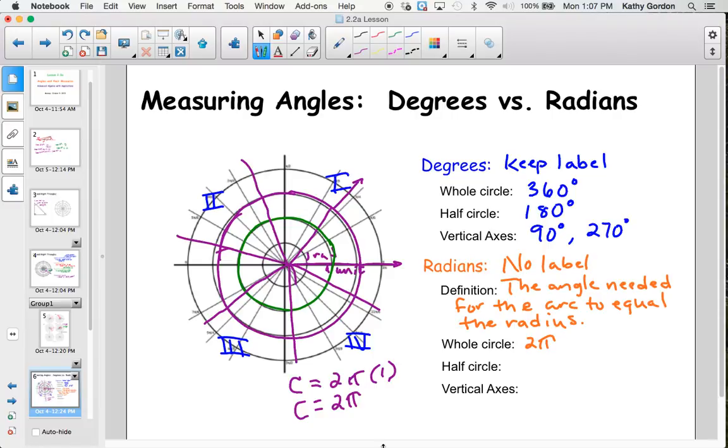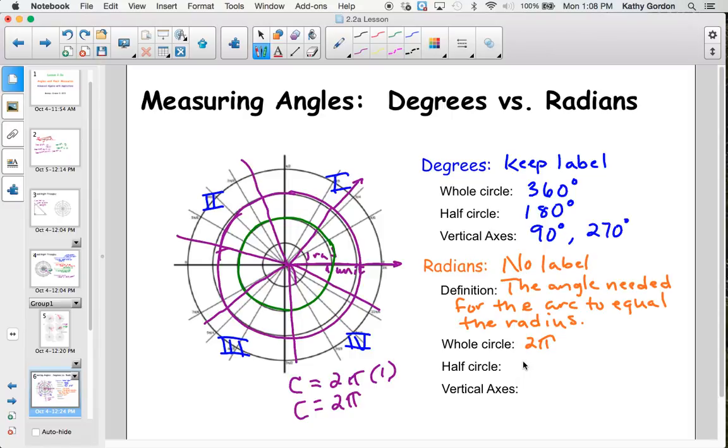Well, what decimal is approximately equal to 2 pi? 6.28. 1, 2, 3, 4, 5, 6, and a little bit more. 6.28. So what then is halfway around the circle?